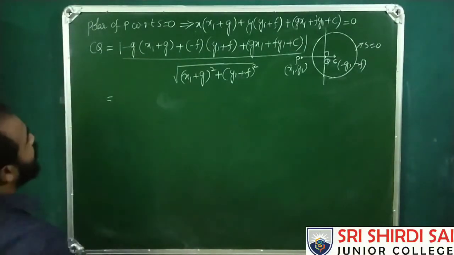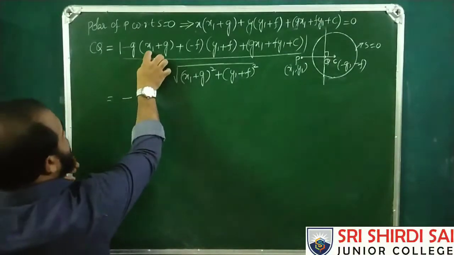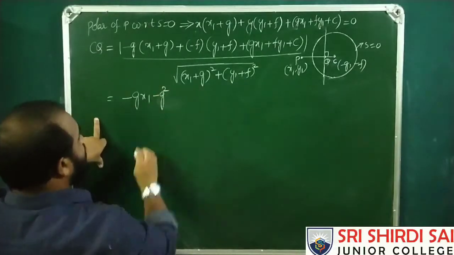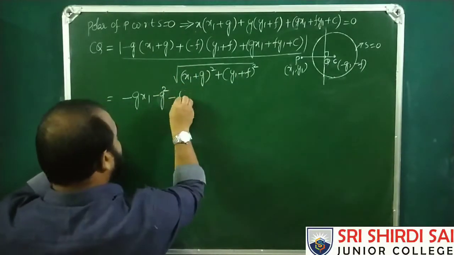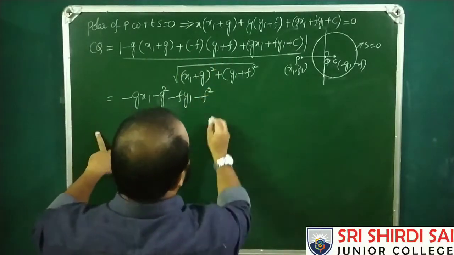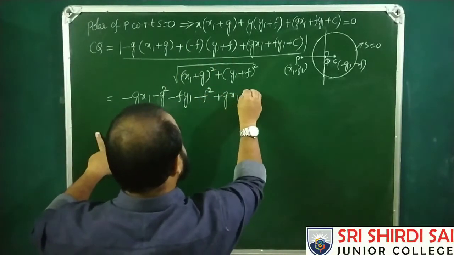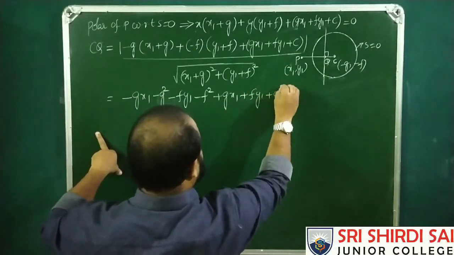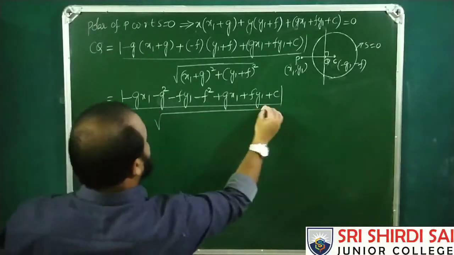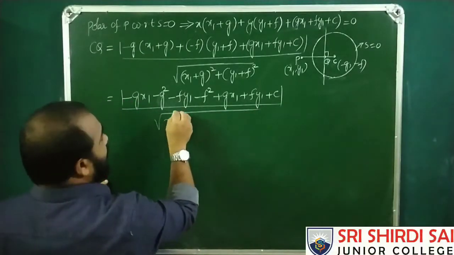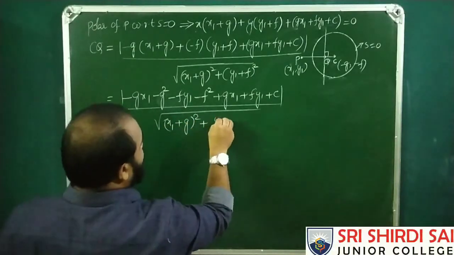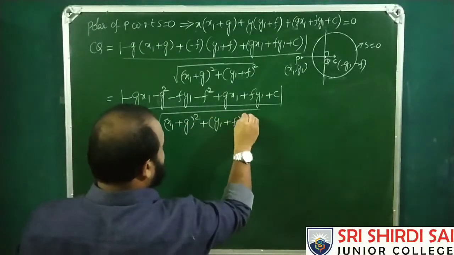So this is equal to minus gx1 minus g square minus fy1 minus f square plus gx1 plus fy1 plus c, by square root of (x1 plus g) whole square plus (y1 plus f) whole square.